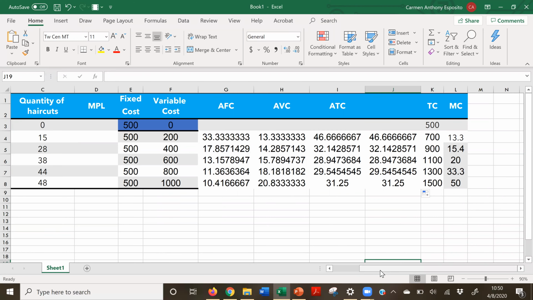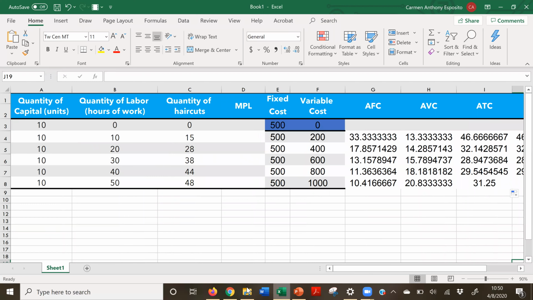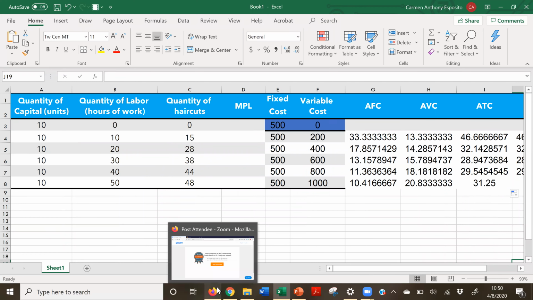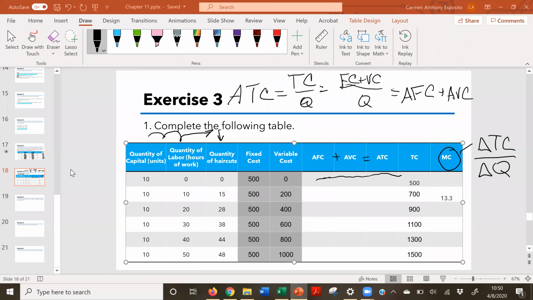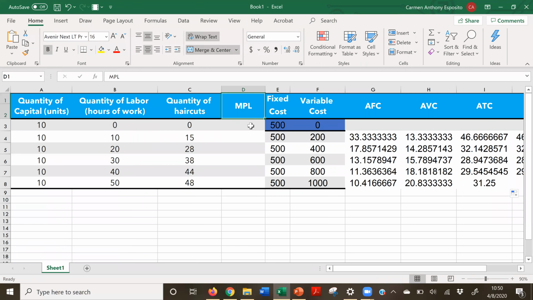Okay. So far, so good. Now, it wants to know, does the marginal production function exhibit diminishing marginal returns to labor? Well, I made an MPL column.